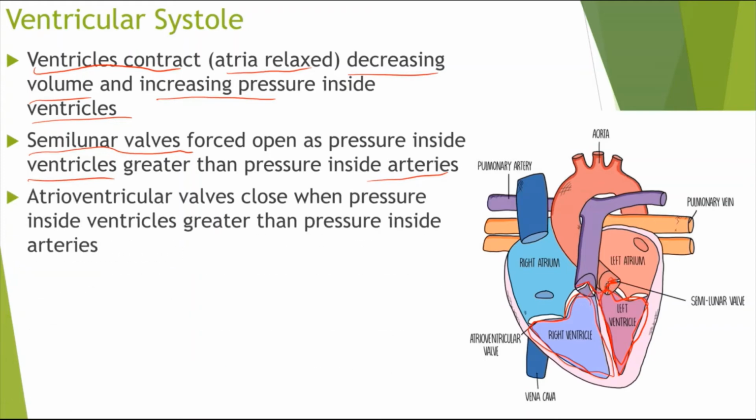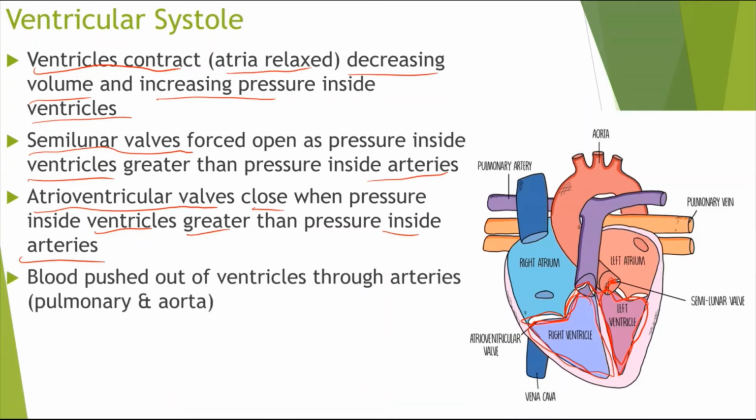The atrioventricular valves would close now because the pressure inside the ventricles is greater than the pressure inside the atria. Remember that we want to prevent any backflow of blood. So we want this atrioventricular valve to close now, so the blood would remain in the ventricles or pass on to the arteries instead of going back into the atria.